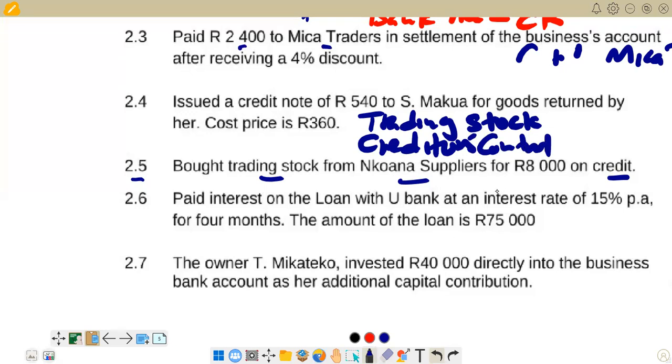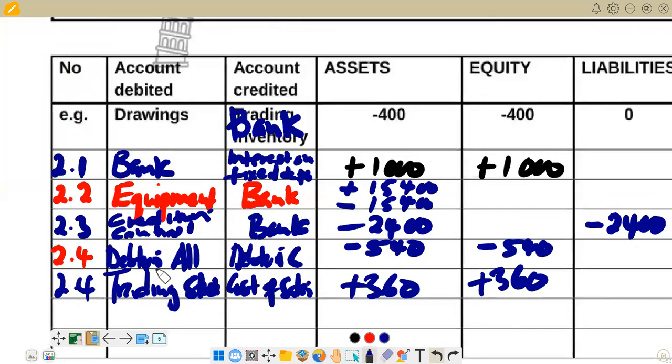Which one do we debit, which one do we credit? Trading stock we are receiving since we are buying, so we debit it. And then we credit the creditors control for Goana Suppliers. The amount is 8,000. So we can just go and summarize that one in the other section.